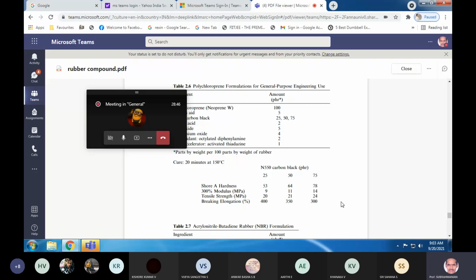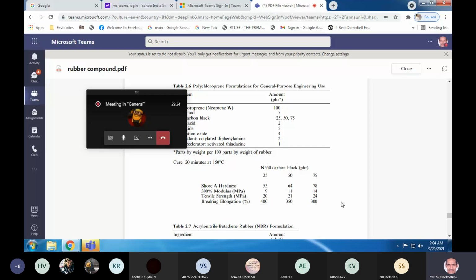The modulus also increases by just a couple of units. Tensile strength is almost maintained. Breaking elongation is the one parameter that is compromised. In terms of modulus and tensile strength, it is just about 20 plus, even at a higher hardness. So what we lose is the elongation at break.